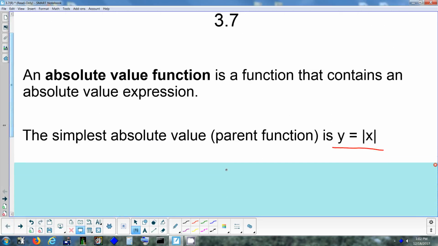There's no numbers, no plus sign, no minus sign. Because that's the simplest one, and every other absolute value function comes from that one, they call that the parent function. Anything you do to change that, it's no longer the parent function.